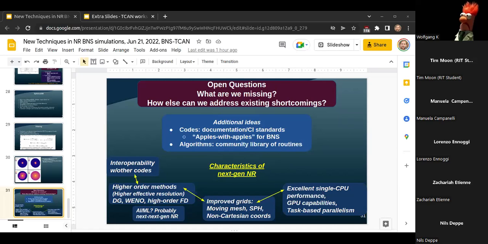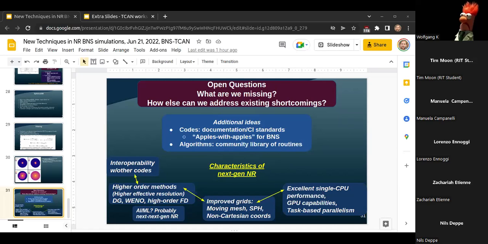Now what I'm trying to do is the same test at higher resolution, to see if the results converge to the same results as you crank up the resolution. I currently have one high resolution run with Illinois GRMHD, and I'm still trying to run a very high resolution run with Spritz.